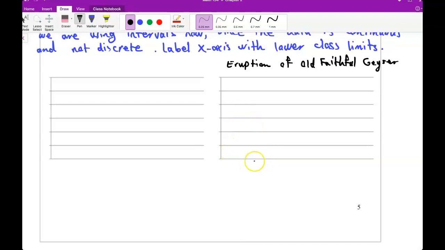Okay, so this one will be for relative frequency and here for frequency. The same thing here, we have our title.